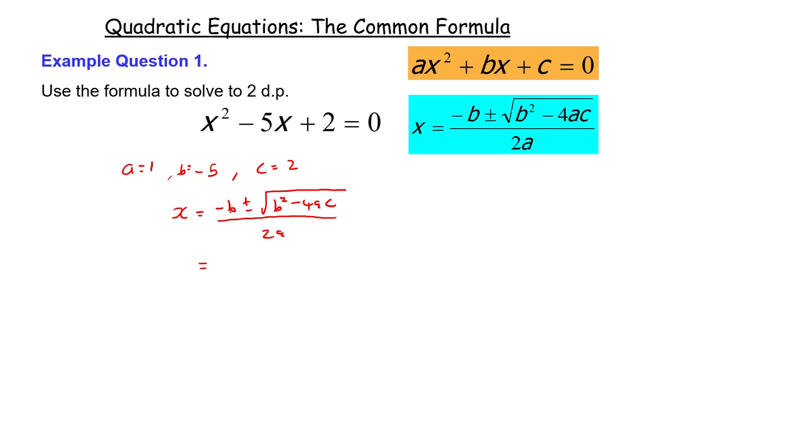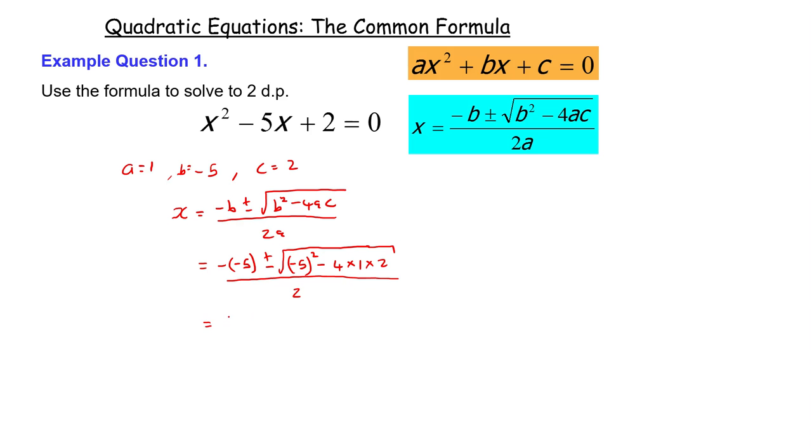So you got minus b, but b is already a minus, so it'll be minus 5 plus or minus the square root b squared, so it's minus 5 squared, minus 4 times a is 1 times c is 2. Let's just extend that there. All divided by 2 times a. Because a is 1, it's just going to be divided by 2.